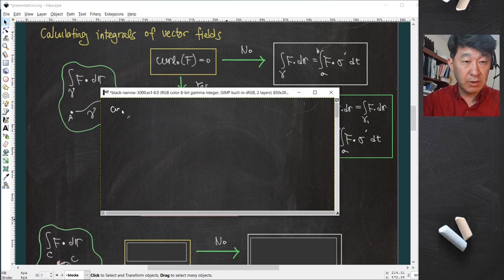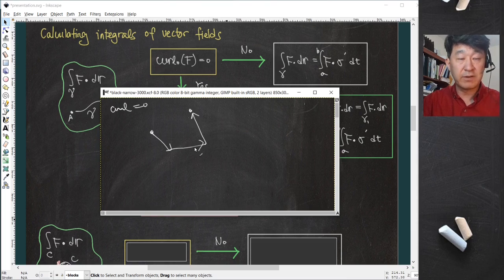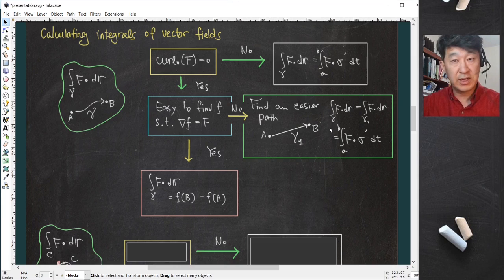If the curl is 0, and the path is really inconvenient like this, involving three different parameterizations because it's not smooth, then you can just replace that with one straight line and use that parameterization to calculate the line integral. You can only do that if the curl of the vector field you are calculating is 0.